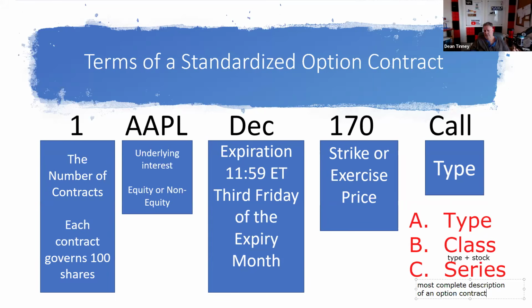Very testable. I don't know about you, but when I take a test, I like to get to the first thing I actually know the right answer to. I go, all right, hopefully I'm not like 30 deep before there's something that looks familiar to me. And if you miss when do options expire on your exam, I think they ought to just flunk you immediately.